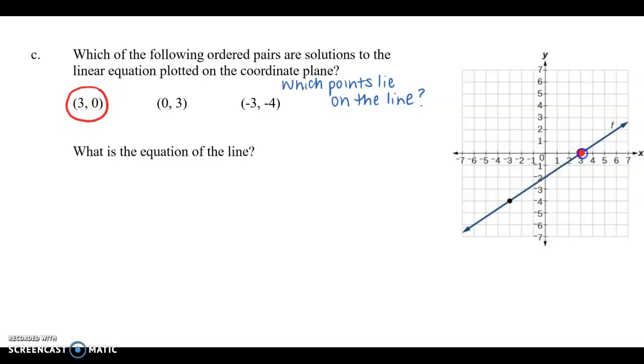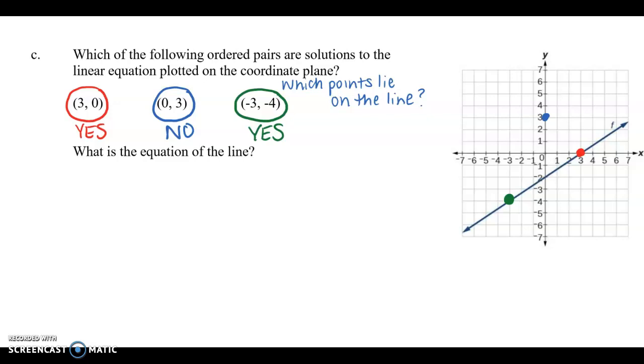This is on the line, so this is yes. The point 0, 3 is right here. This is not on the line, so this is no. And the point -3, -4 is right here. This is on the line, so this is yes.